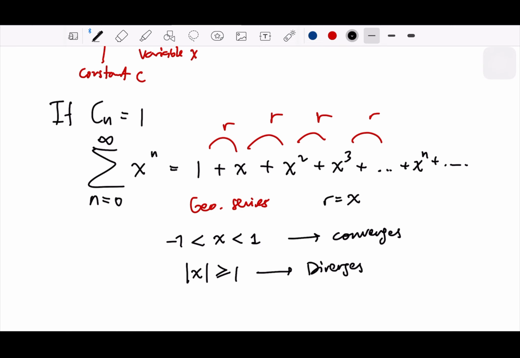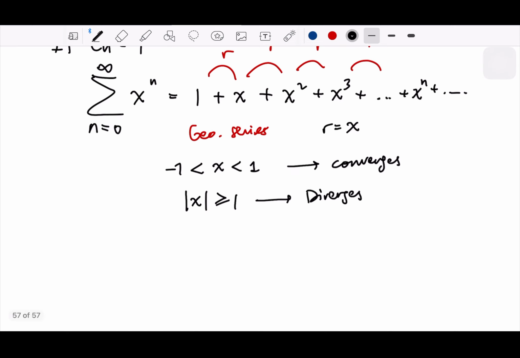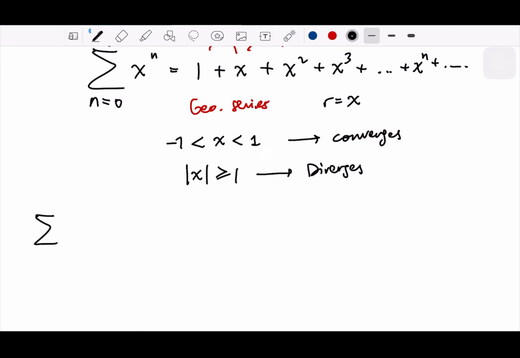We can also write the power series in a more general way that includes x minus a.